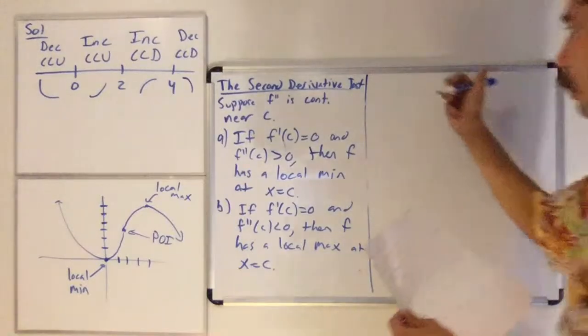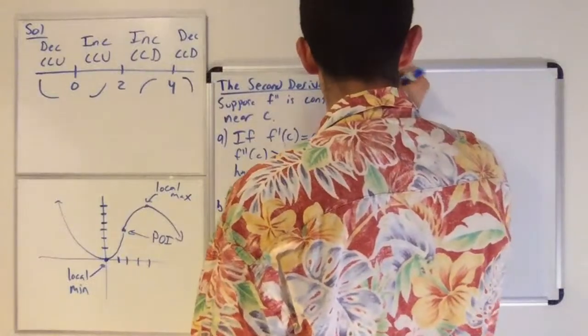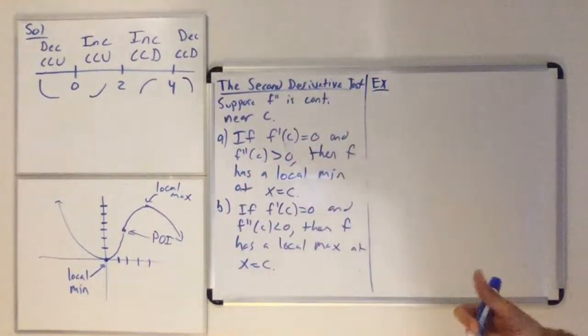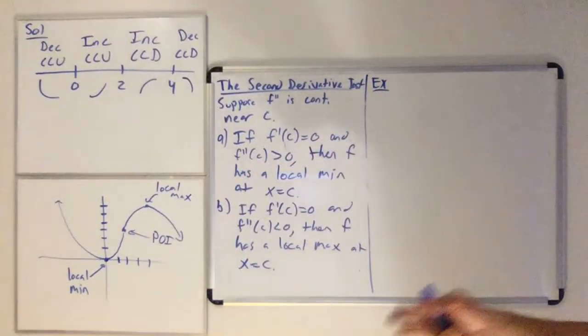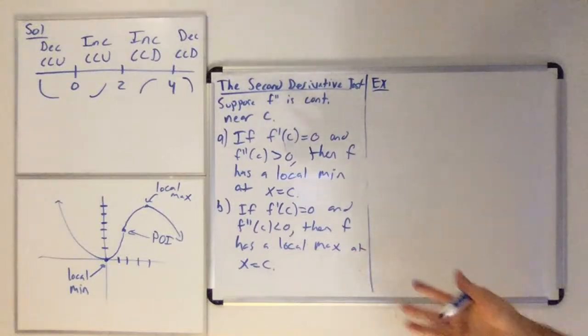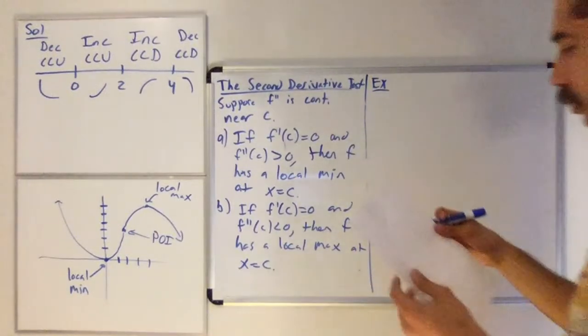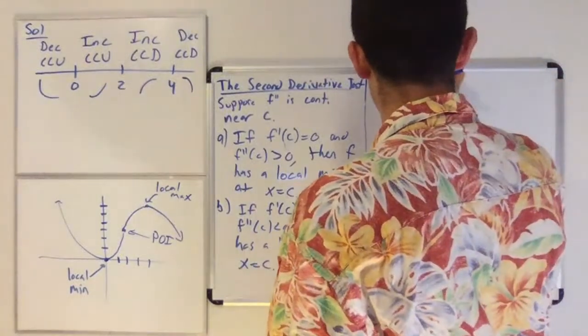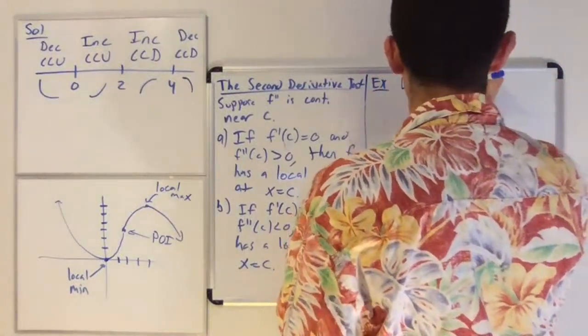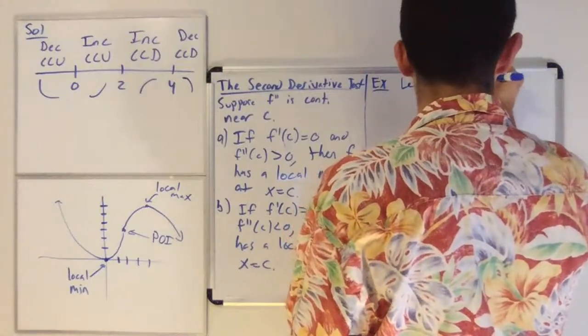Basically what we want to do in this example is find the local max, local mins, and points of inflection, and then sketch the curve of some function. So let y equal x to the fourth minus 4x to the third.